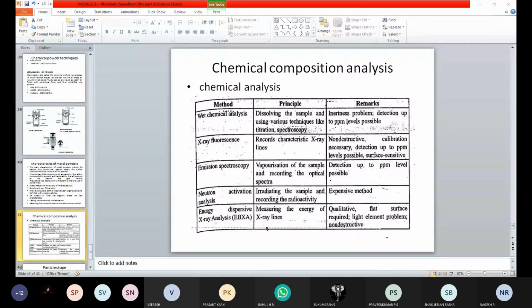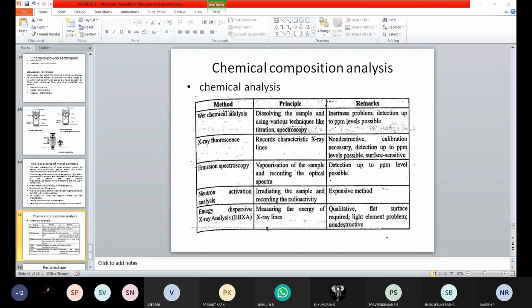In wet chemical analysis, you can see dissolving the sample and verifying with techniques like titrations and spectro, different techniques will be used. So detection of what levels will be possible, that we are going to check. Similarly, X-ray fluorescence records the characteristic X-rays.